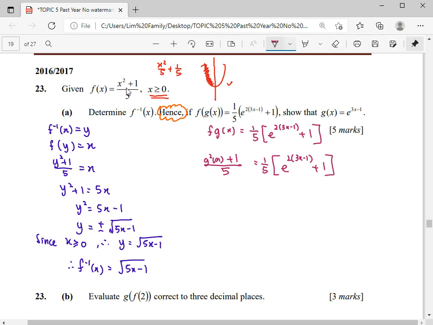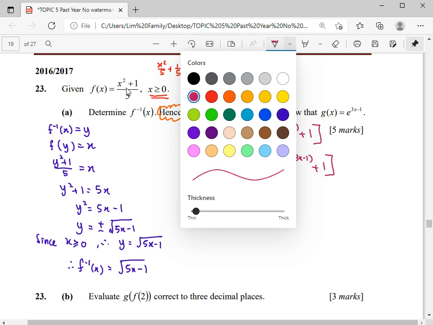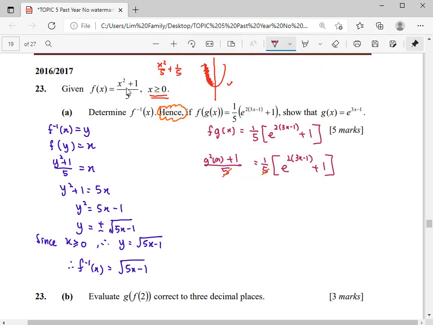Okay, so from here we can simplify. 5, go there, multiply by 5, simplify, finish, and then g squared x equals to, move the 1 to the right hand side, it becomes minus 1, so it can also be simplified.